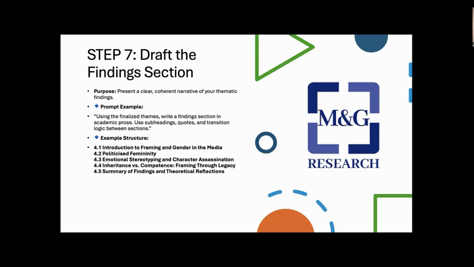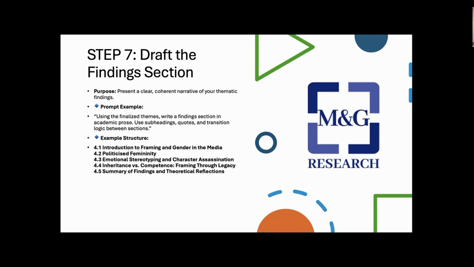The purpose of this exercise now is to present a clear, coherent narrative of the thematic findings, right? Then you include your prompt. You say, using the finalized themes, write a findings section in academic prose, using subheadings, quotes, and transitions between logical sections.